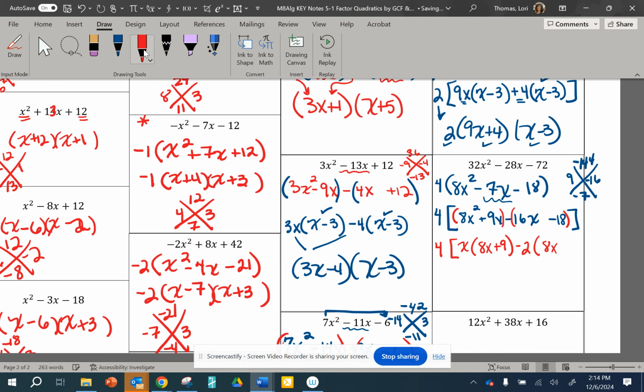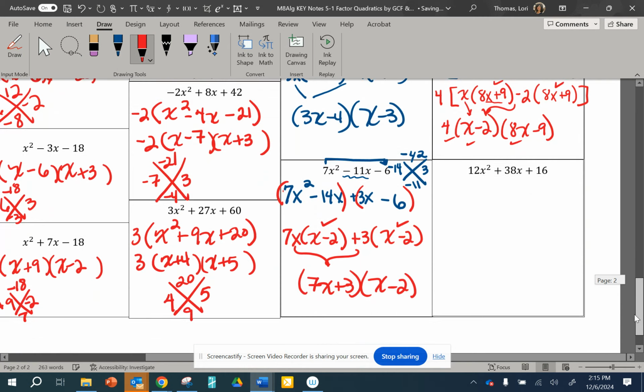Negative 18 divided by negative 2 is positive 9. Check, check. So I have 4 times x minus 2 times 8x minus 9. So again, the two GCFs create one binomial, and then the one they have in common is your second. So this has 3 factors.